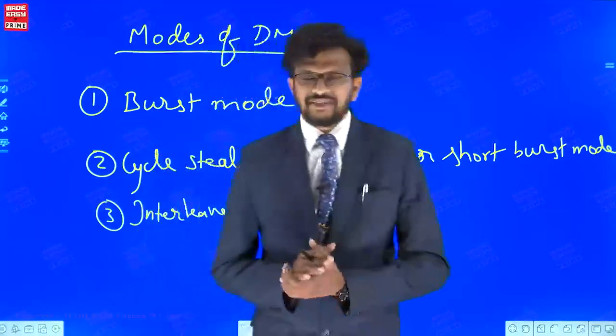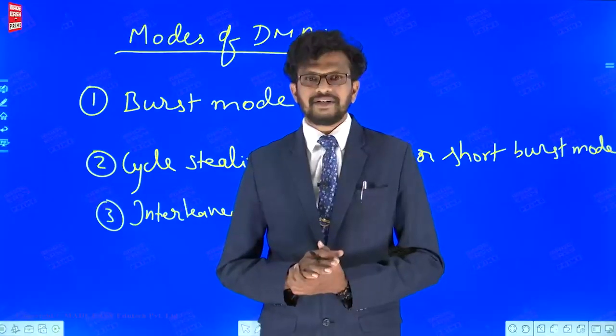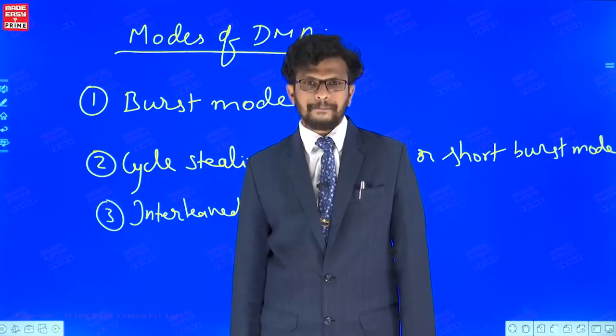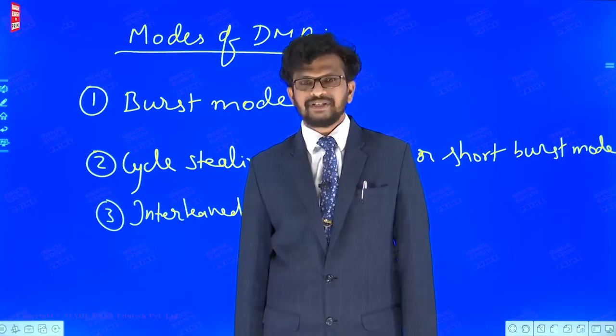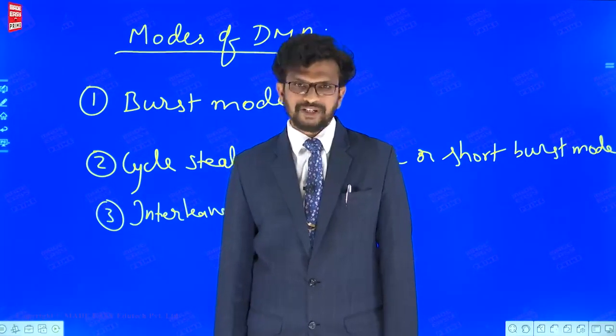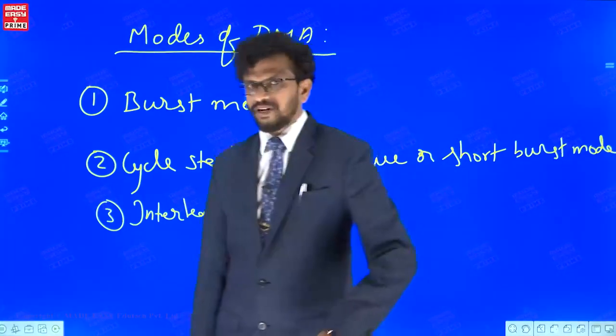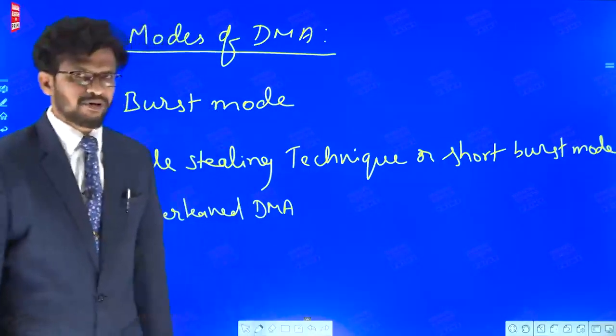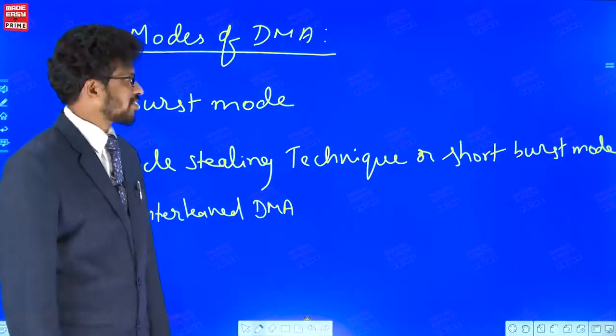We have discussed what is the actual meaning of DMA operation, what is the purpose of DMA operation, and how the speed can be improved with respect to the DMA operation. We shall also discuss what the several modes present in the DMA operation are.